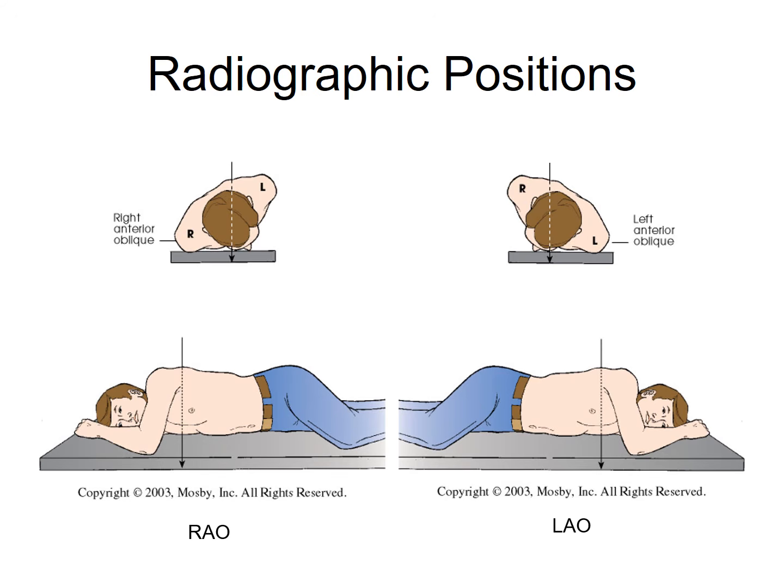This is an LAO position. Projection-wise, it's also a PA oblique, the same as the RAO, because the central ray is entering the patient's backside and exiting their front side, posterior to anterior, and they are turned.